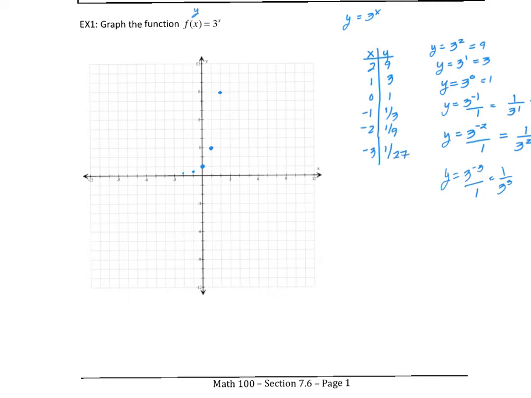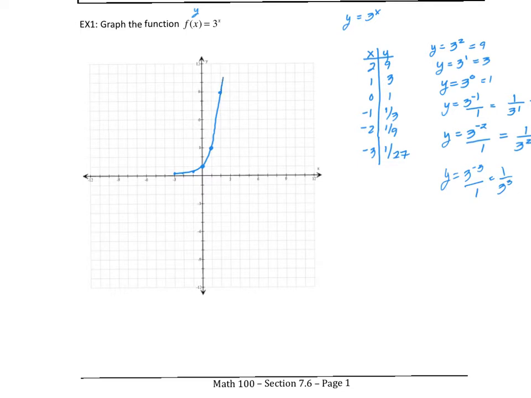So very, very tiny, getting super close to the x-axis and a y value of 0. However, it will never equal 0. So if I were to draw this graph, I would just connect these dots. And if you want more points, you can get more points. Maybe you want a positive 3. If you put in positive 3, you'll get a positive 27.